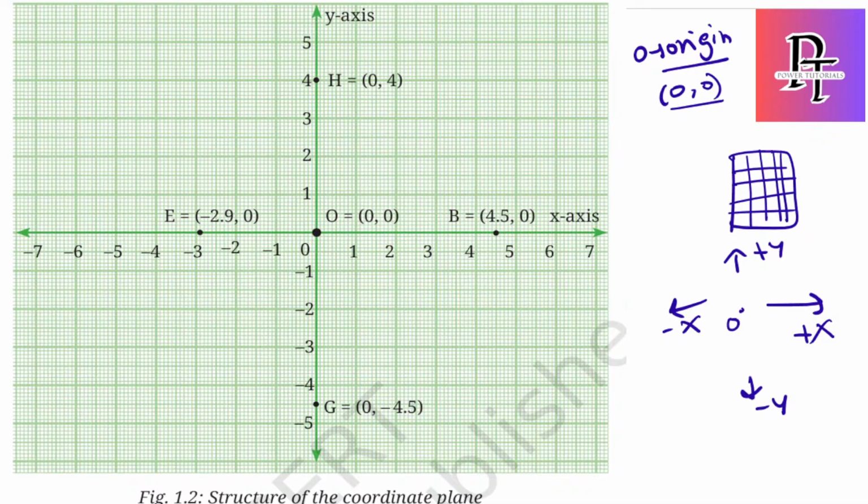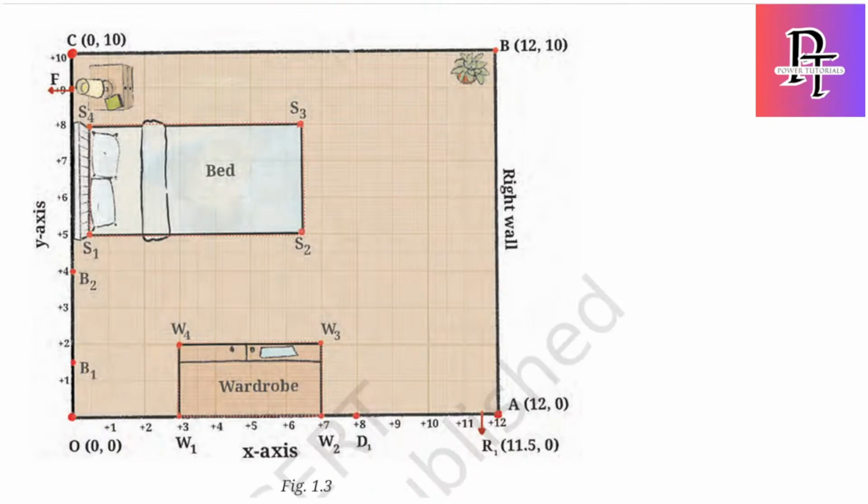I'll mark it with another color. They are saying the room is in this direction. We don't have any negative positions. The room is exactly at this point, because the borders they have clearly mentioned. This is the origin, which is O, then we have the x-axis, and then the positive y-axis. If you notice here, they have mentioned so many points.